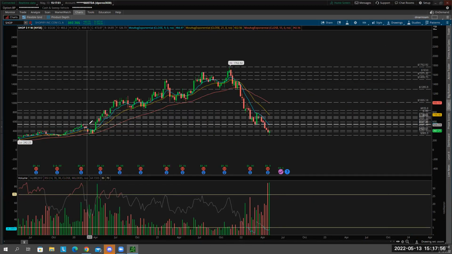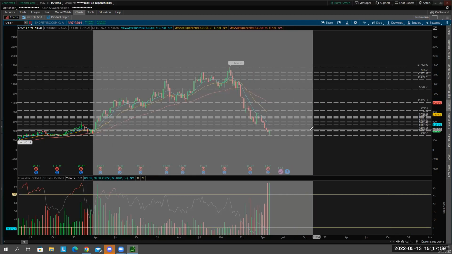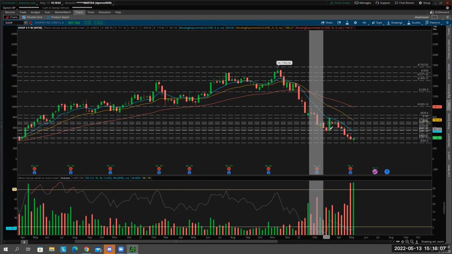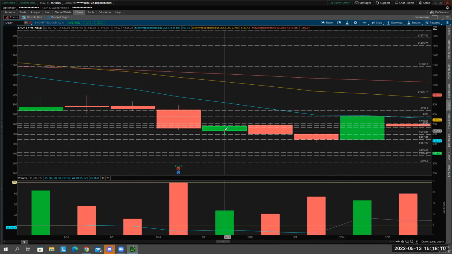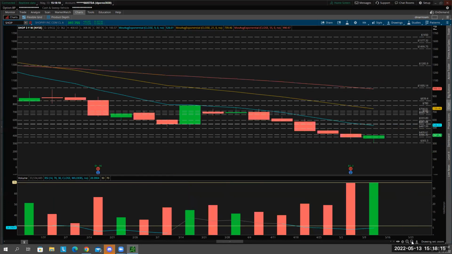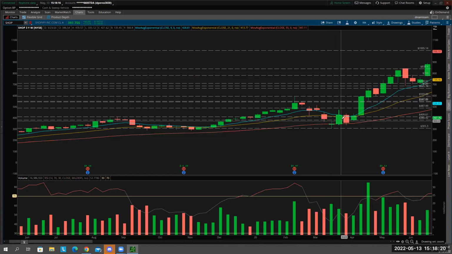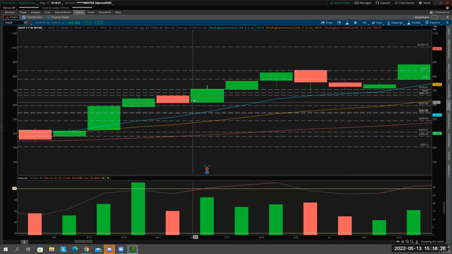All right, let's see these areas right here. If there's anything that we can see. Yeah, I see something right here. The open for this was 632.03. 632.03.